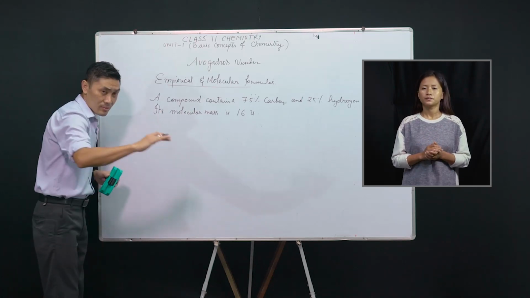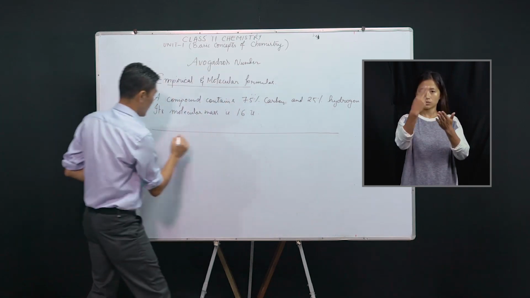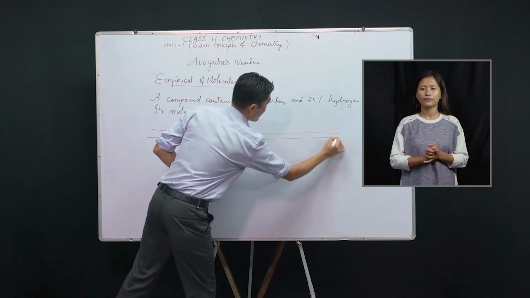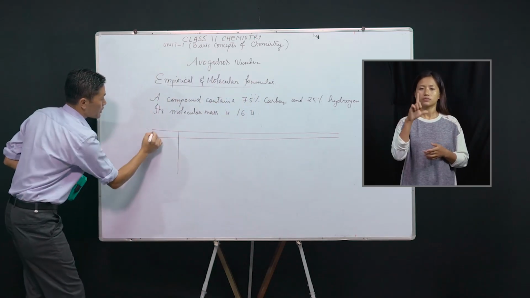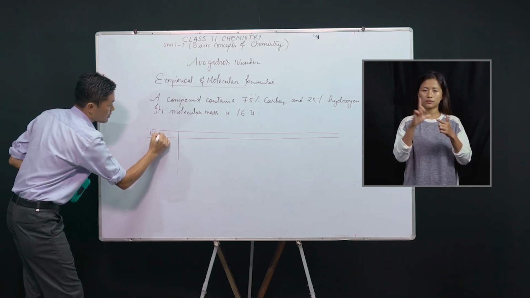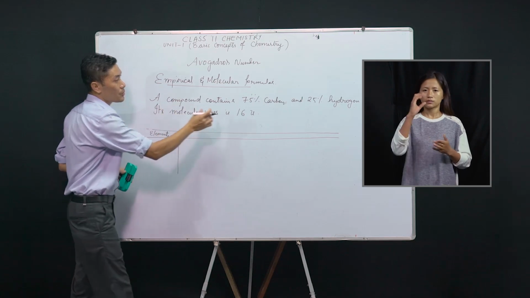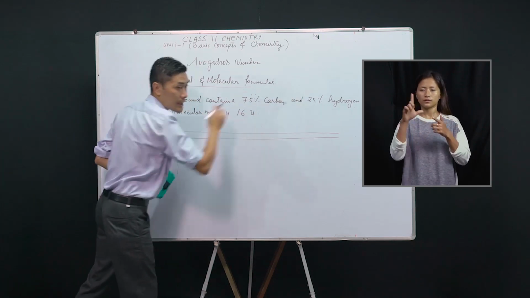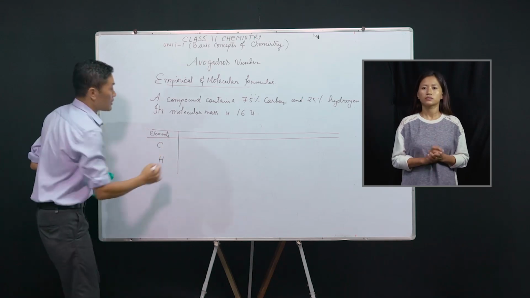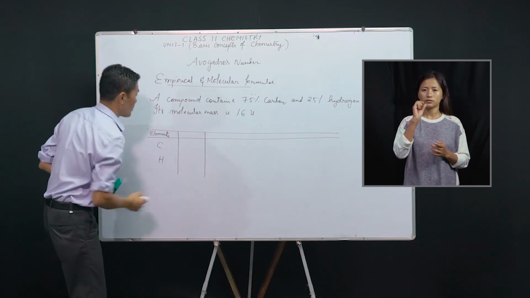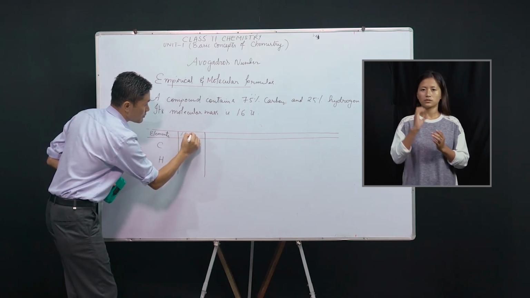To make things easier, let us draw a table. In the first column, we write down the elements. Now in this compound, we have 2 elements, carbon and hydrogen. So we write this 2 here. Then in the next column, we write down the percentage composition.